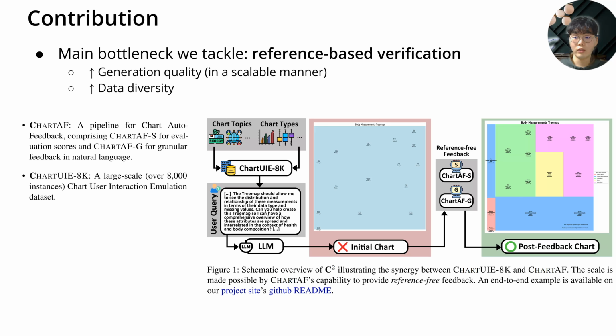Once we achieve reference-free verification, we can curate a diverse, large-scale evaluation set, ChartUIE, without requiring ground truth images or code. Together, ChartAF, our reference-free feedback provider, and ChartUIE, a large-scale chart generation instruction dataset, comprise C-squared, our overarching framework.